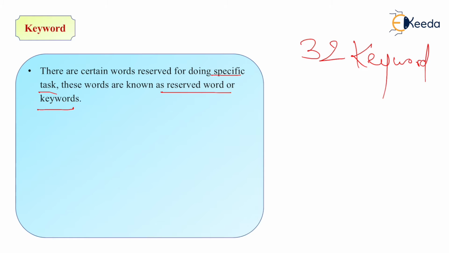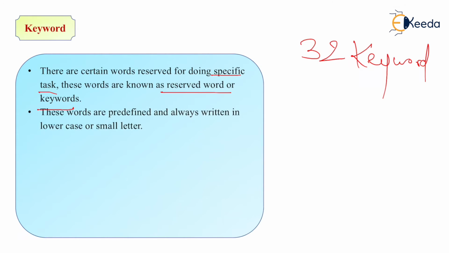That means you cannot give these words to your identifier, because the compiler has already given a specific task to those words. If you specify those as an identifier, then the compiler may get confused, and it will give you an error.